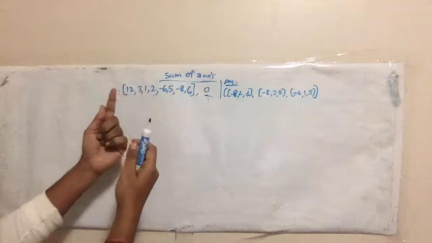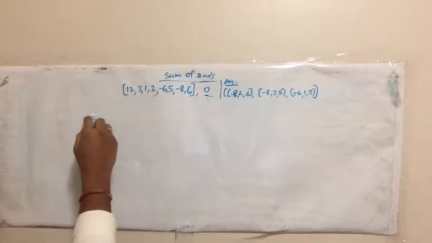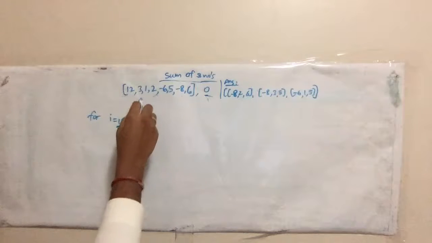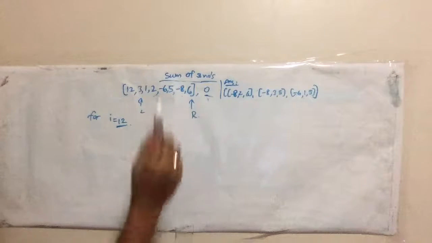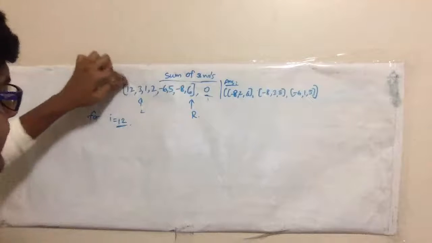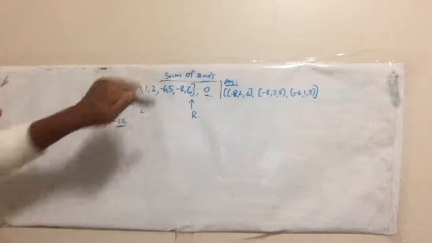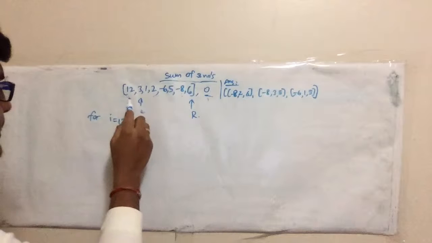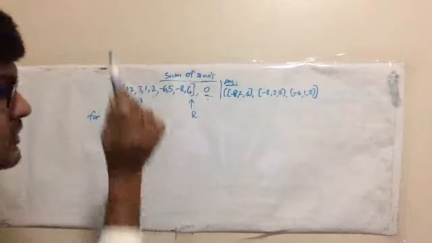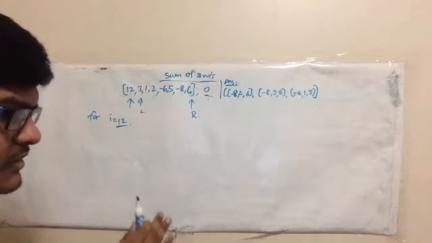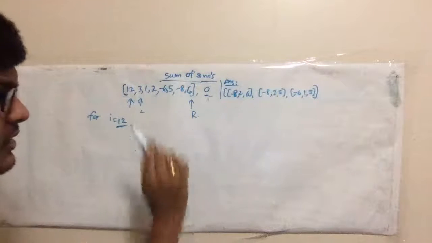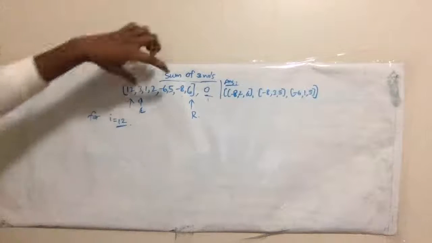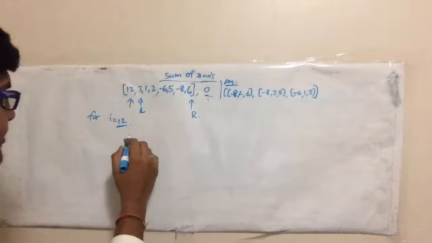Say our for loop has I taking 12 now, and we take left and right indexes: the left next to this number and the right at the extreme end, and check whether the three numbers make a sum of 0. If they do, just add them to the list. If not, move further.